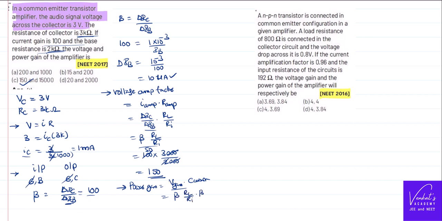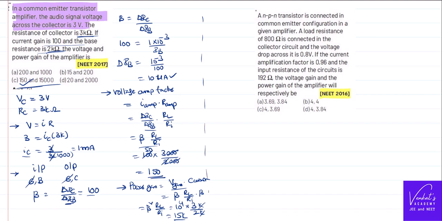Current gain is again beta because it's a common emitter configuration. That is beta square into RL by RI, that is 100 into 100, 10 power 4, RL is 3K, RI is 2K. If you calculate that, you will get 15,000. So this is the answer for the problem. That's how we get the first problem.